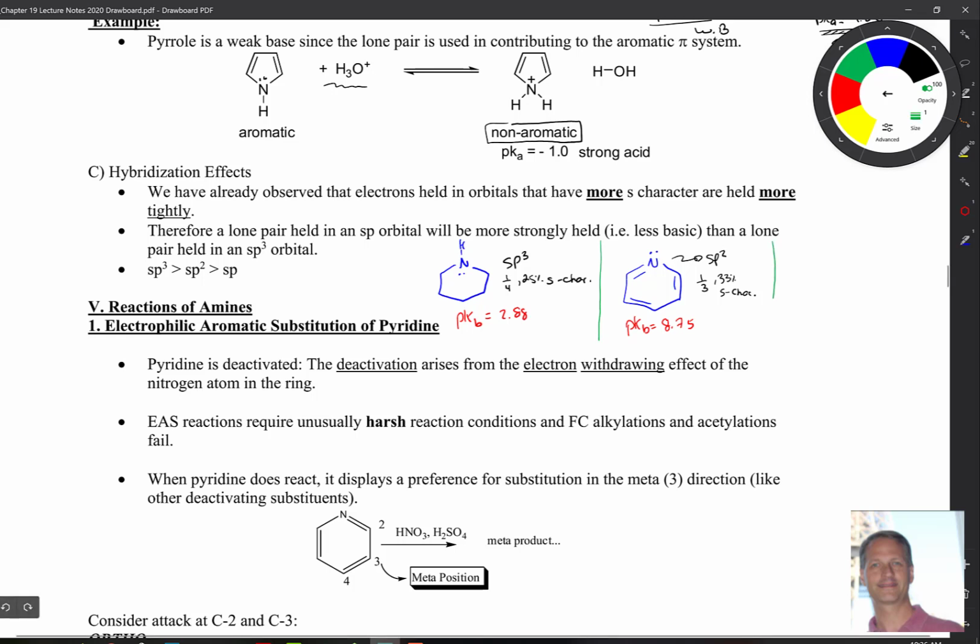And then pulling over here, looking at triple bonded nitrogen, we'll have to go to a nitrile. So this is sp hybridized, 1/2 or 50% s character. And then when we look up the pKb of this, you find it's 24. So the trend over here is a stronger base going over to a weaker base.